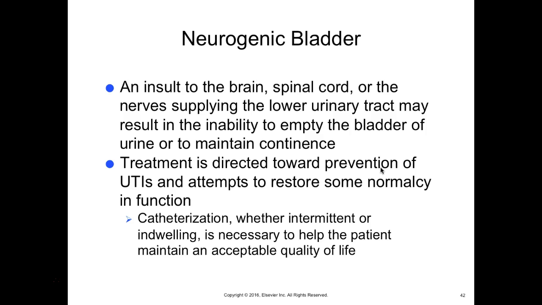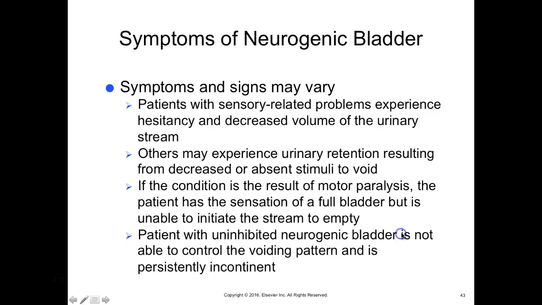So catheterization, whether intermittent or indwelling. Intermittent means they would straight cath themselves. They would put a short catheter into the bladder via the urethra, drain urine, and then remove the catheter. Indwelling means that they would have a catheter put in and it stays in to drain the urine into a bag. So they would need catheterization to help the patient maintain an acceptable quality of life.